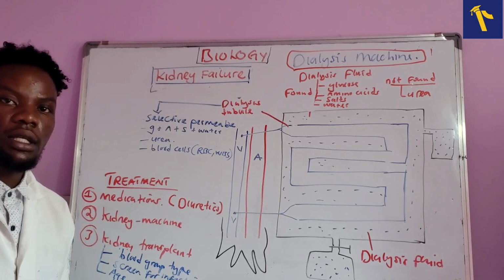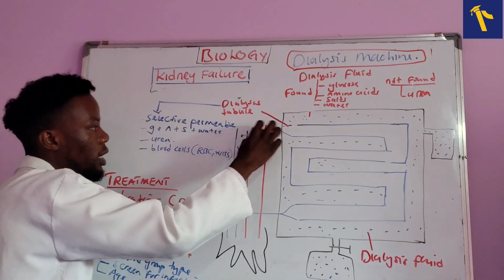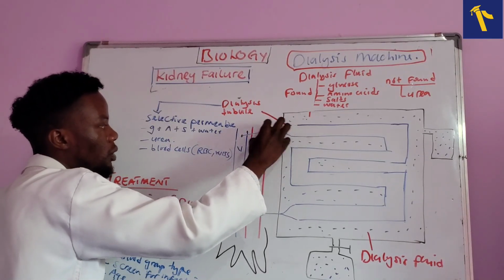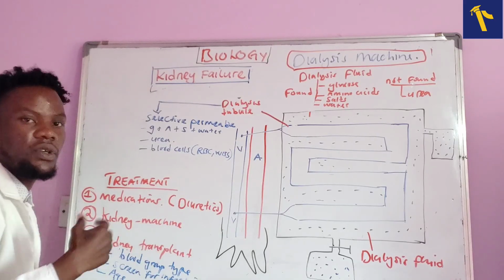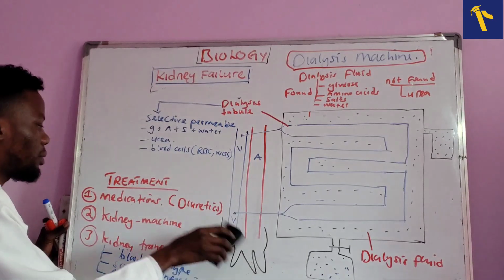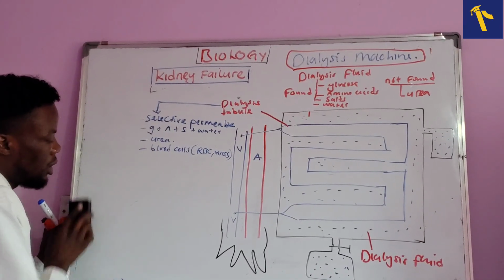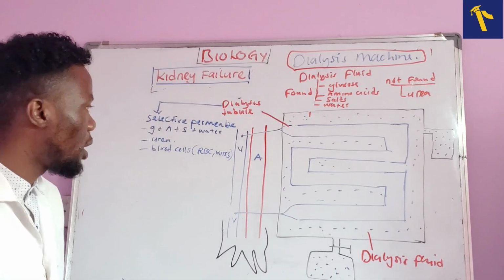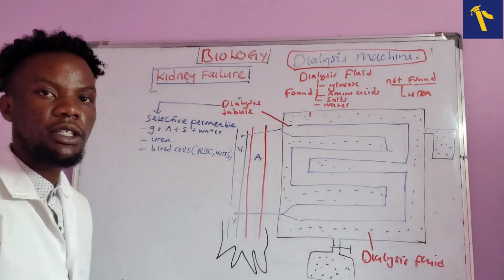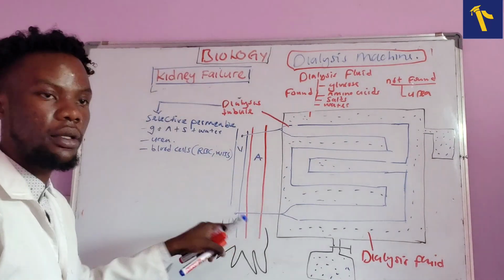So now the question is, they like asking about this: why is this dialysis machine connected to a vein, again to a vein? There are various reasons to that. So let us talk about those reasons. Okay, what are the reasons why the dialysis tubing or the dialysis machine is connected to the vein, again to the vein?